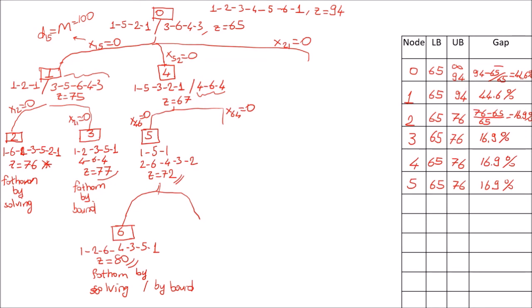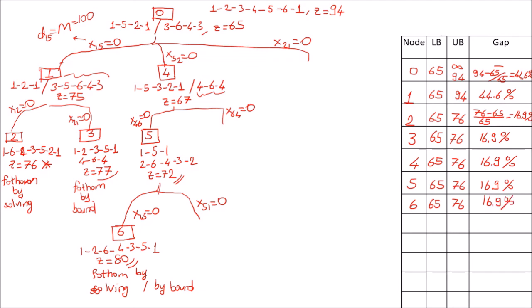So in this branching, we in fact branched. We set x15 equal to 0 on this side and x51 equal to 0 on the other side. And in this node number 6, our lower bound is still 65 because of the root node, and our upper bound is still 76, and the gap value did not change.